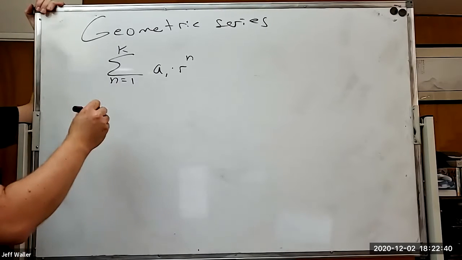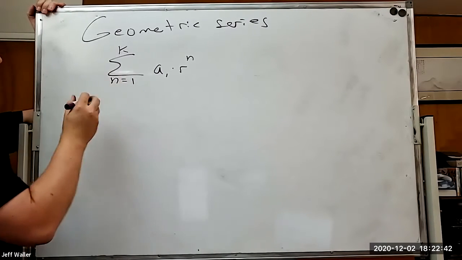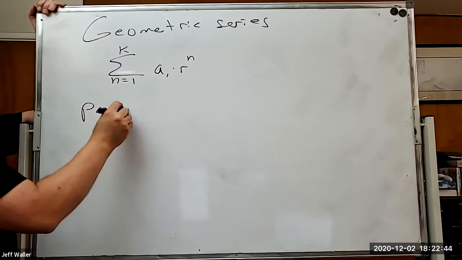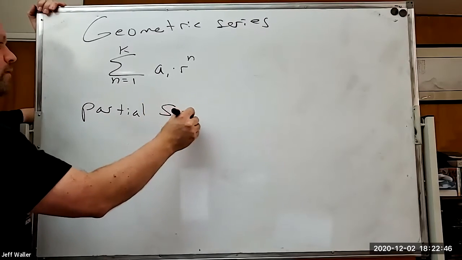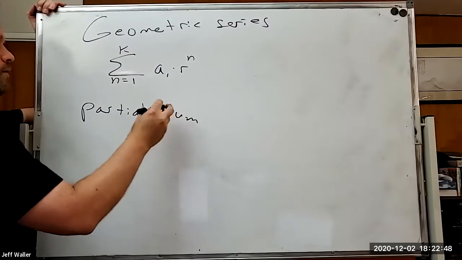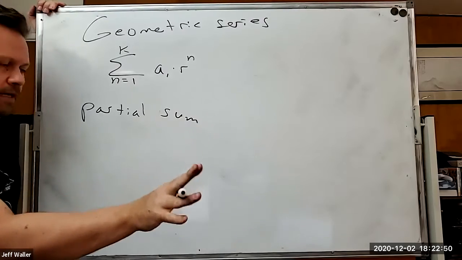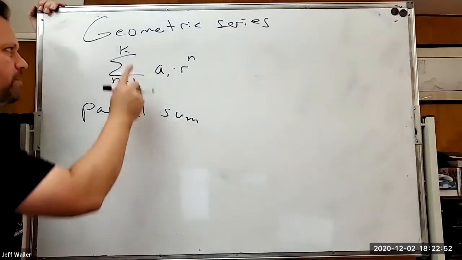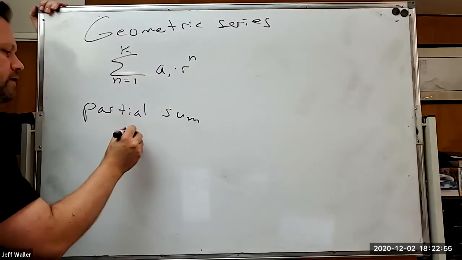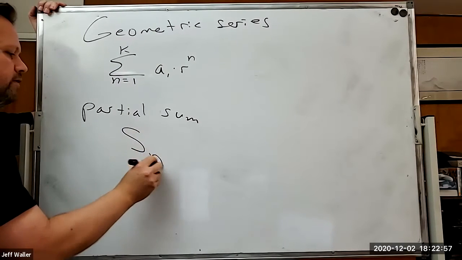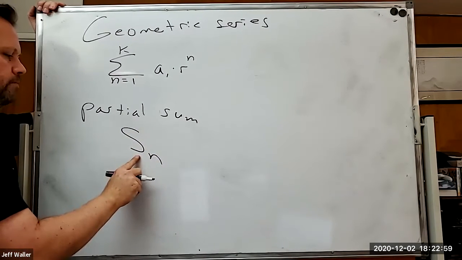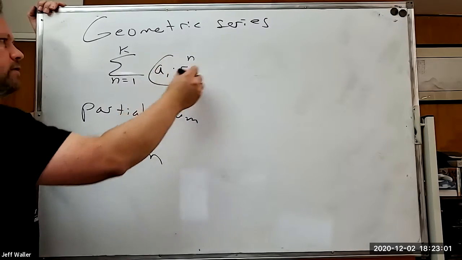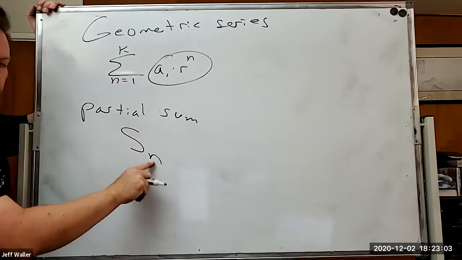All right. So there is a notation for what's called a partial sum. And it's kind of nice. A better way to write this is to say I want the nth sum, which just means take this and go up to the nth term.